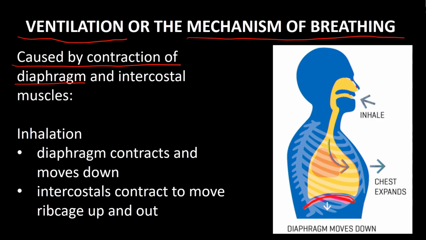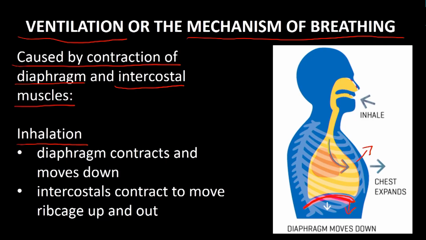When it contracts, it moves downwards. The other muscles are the intercostal muscles, which are between the ribs, and when they contract, they move the rib cage upwards and outwards.